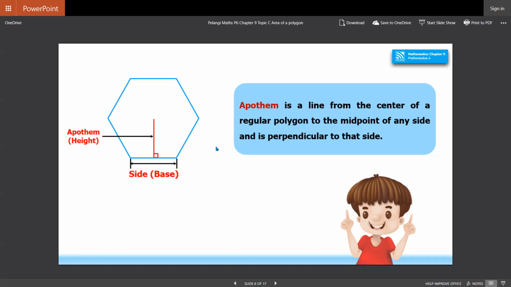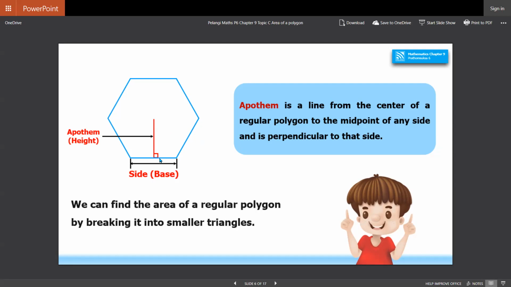Once again, an apothem is a line from the center of a regular polygon to the middle of a side, and it is perpendicular to that side. All right, so let's move on. We can find the area of a regular polygon by breaking it into smaller triangles.